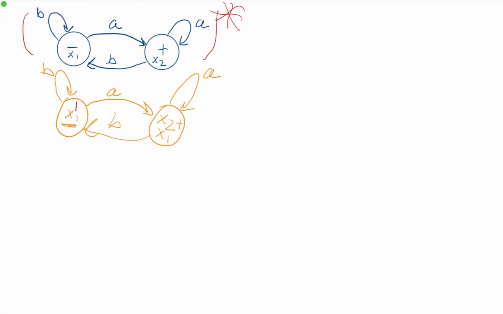So what we need to do instead is create a new start state. And we're going to pretend like this state is this state right here. And if we're in this state and we read an A, we go to that state. And if we're in this state and we read a B, we go to that state.